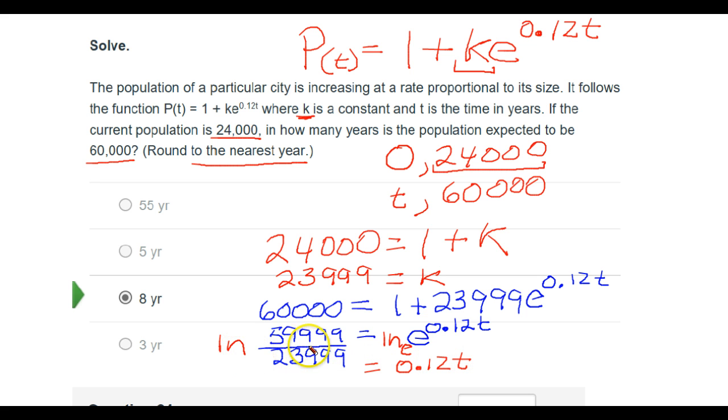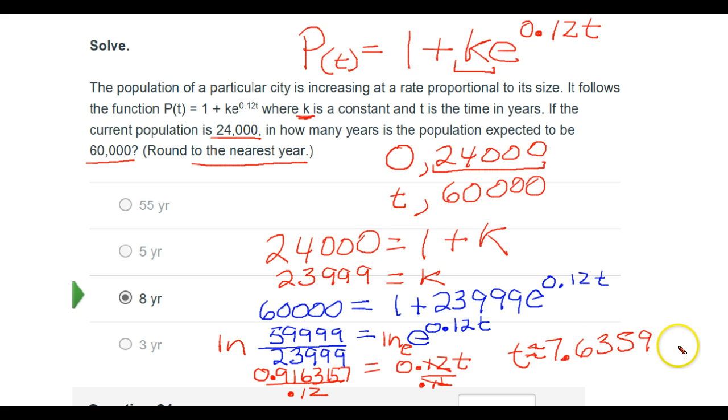So what we're now going to do is take the natural log of this, put that in our calculator, and when I take the natural log of this, I get this. I'm now going to divide both sides by 0.12. And I get then, as these cancel out, t equals 7.63, and it goes on.